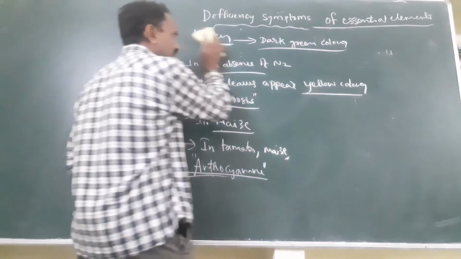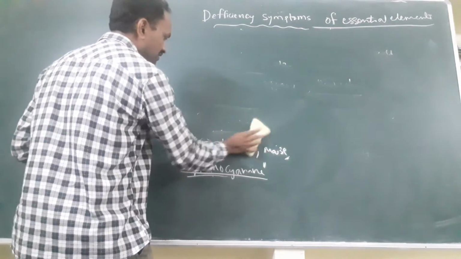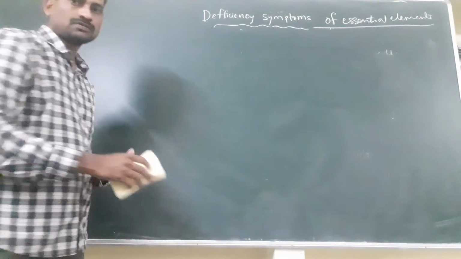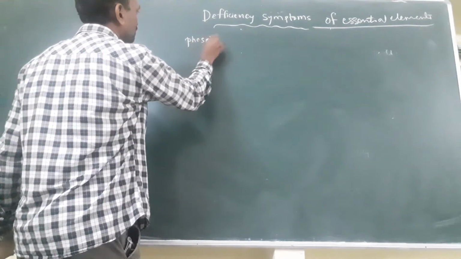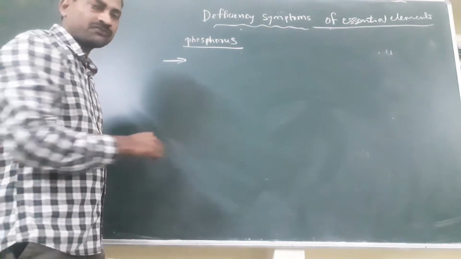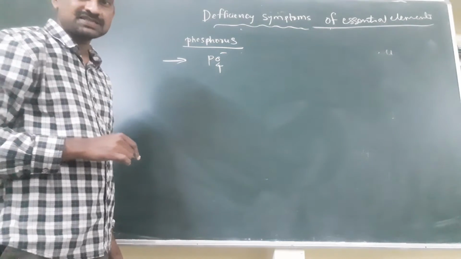And the second element which is very essential is phosphorus. Phosphorus is absorbed mainly in the form of phosphate ion, PO4 minus.